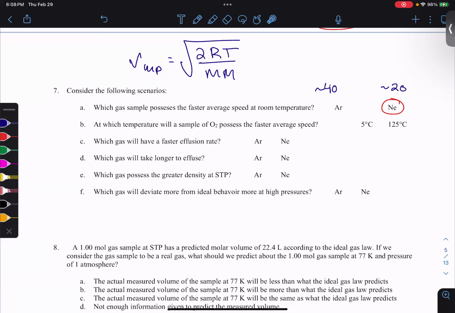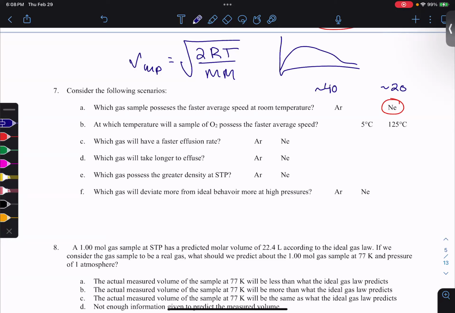Do all of the particles in a neon sample move faster than argon? All of them? No, we're just comparing average speeds here, because do all particles in a gas sample move at the same velocity? Nope, there is a distribution of molecular speeds where it shifts higher when we heat up samples, or it shifts higher for lighter particles, but there's always a distribution of speeds.